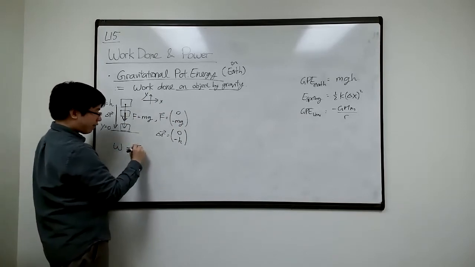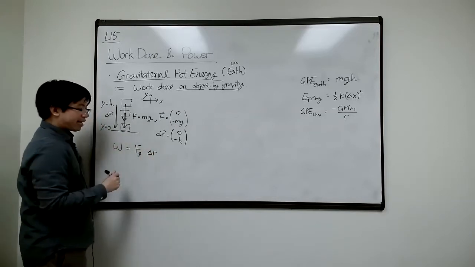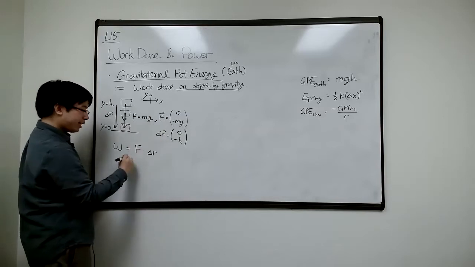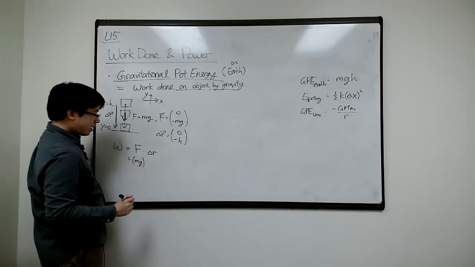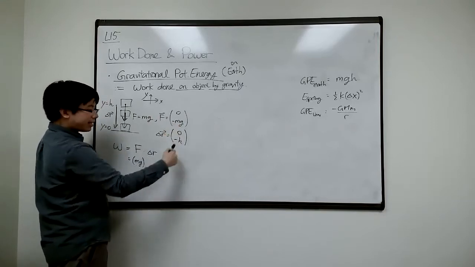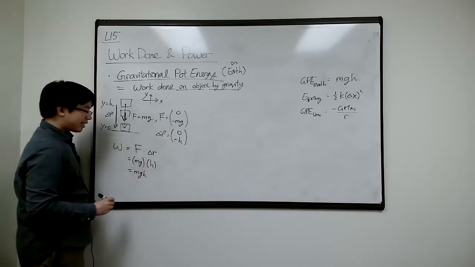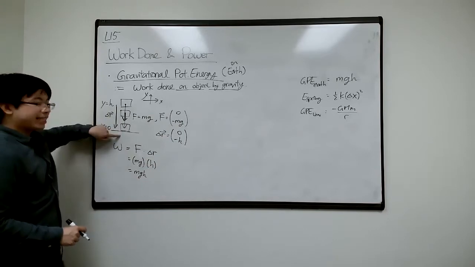It's just the magnitude of the force times the magnitude of the displacement. The magnitude of the force is mg, and the magnitude of the displacement is h. And there you go. That's the amount of energy gravity has used to move it from here to here.